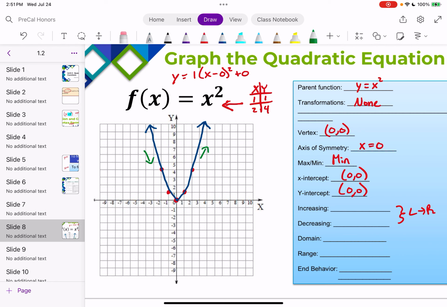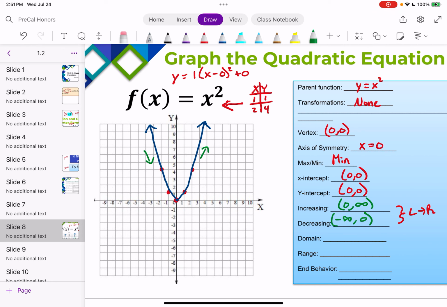So we would write this as decreasing from negative infinity up to 0. And remember, we are not going to include the 0, so it's going to be a parentheses. And from 0 to positive infinity would be our increasing.